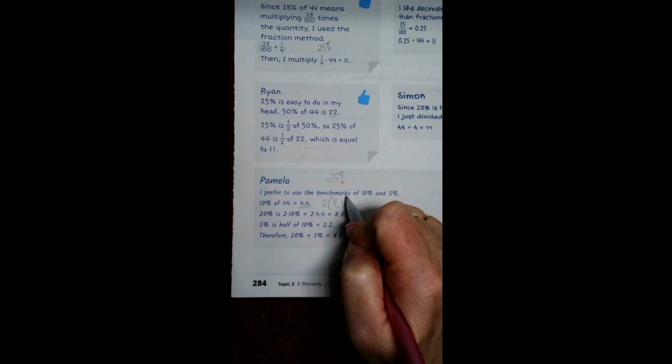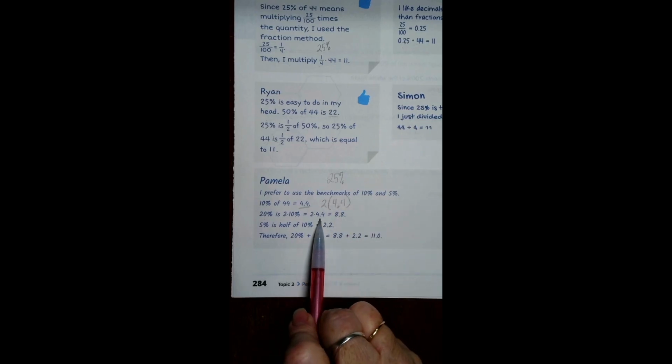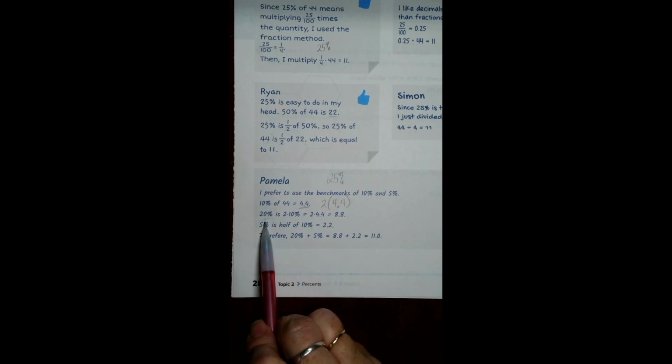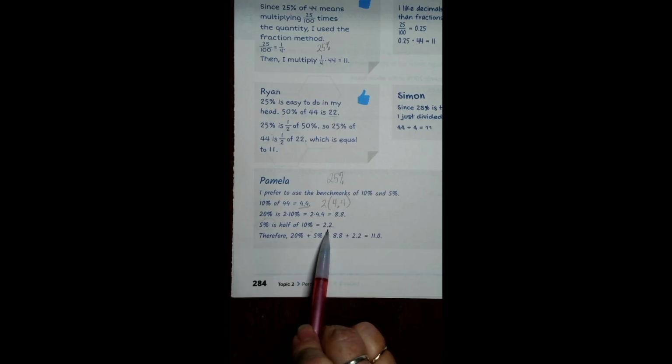I'm not a big fan of how they have that written because their decimal point and the multiplication sign are such teeny tiny dots, it's kind of hard to tell what they're actually meaning. So 2 of the 4.4, you get 8 and 8/10. And then half of the 10% gives you the 5%. 5% is half of 10%, which is going to be 2.2. So then she's adding together the 8.8 and the 2.2 to get a total of 11. So they all get the same thing. They go about it a different way for each of them.